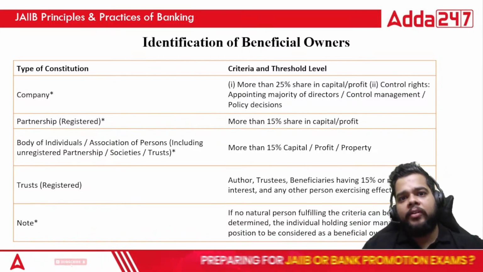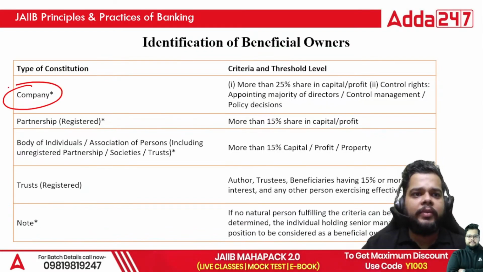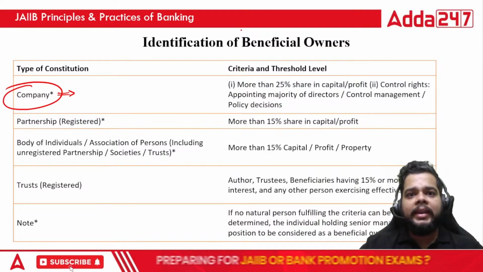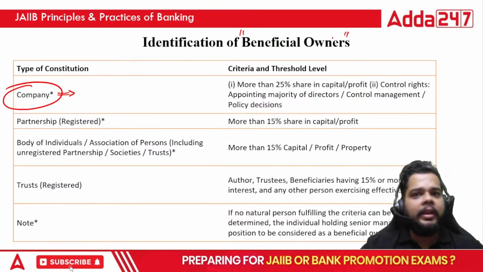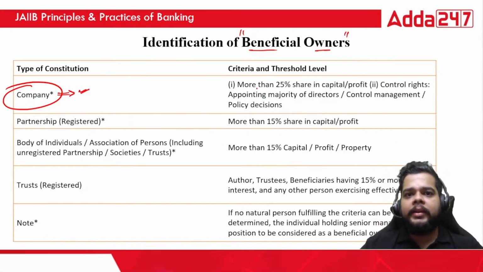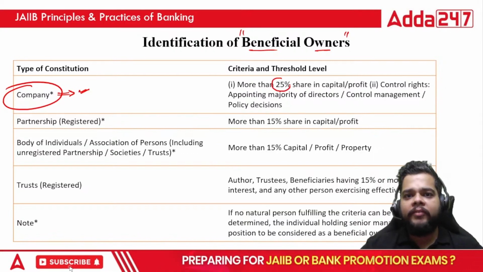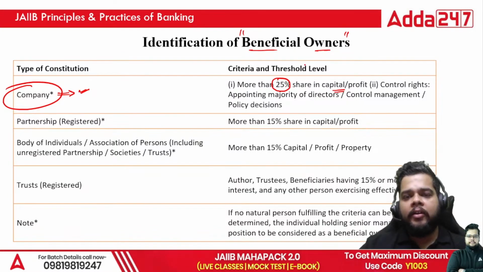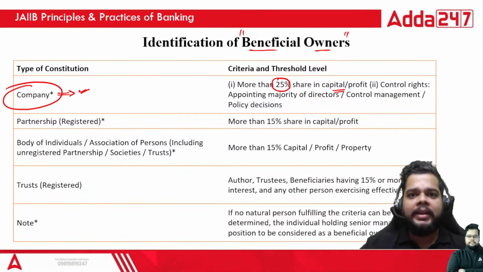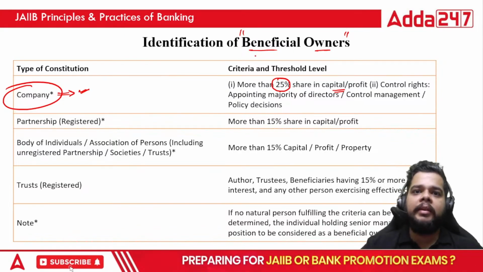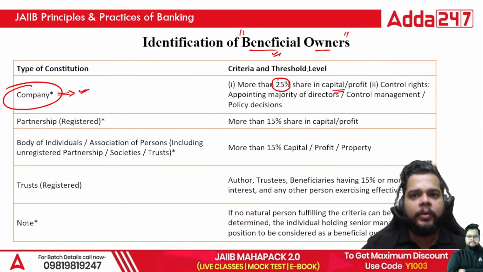If you have not revised, let's just quickly look into the matter for companies only. What will be the criteria of the entity to be described as a beneficial owner in case of company? The criteria is simple: if more than 25% share in the capital or profit is with the particular business entity, or for that matter individual in a company, then we would say that yes, that particular entity is a beneficial owner.